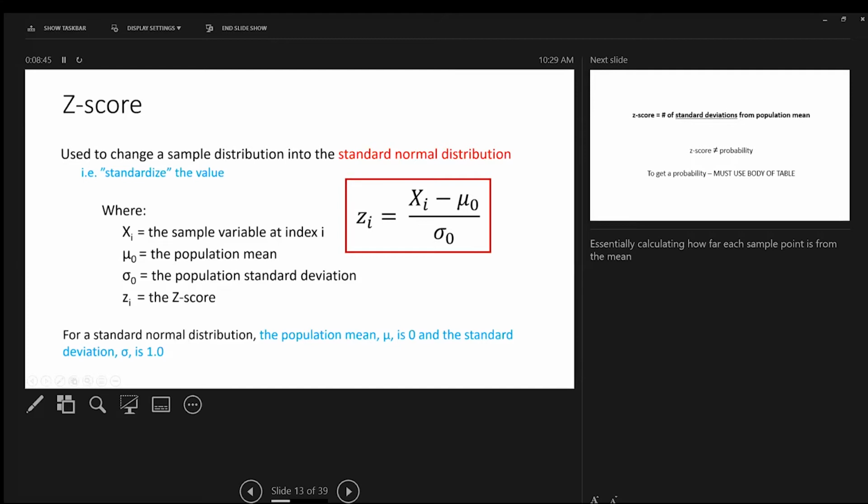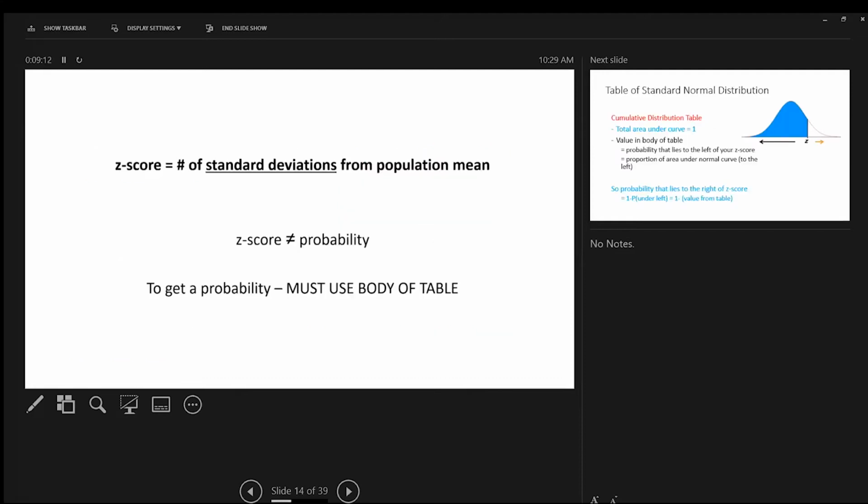What it's actually doing is comparing each individual value or sample that we're looking at and the mean. We're seeing how far apart is this sample and the mean. And then we're dividing it by our standard deviation to calculate essentially how many standard deviations away from the mean is that value. And that's really all a z-score is. It's the number of standard deviations from the population mean.